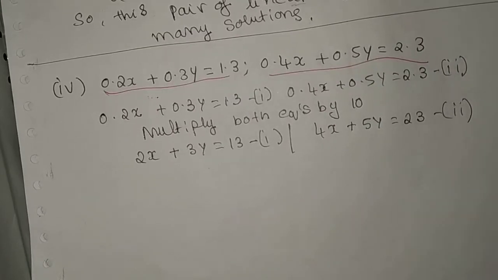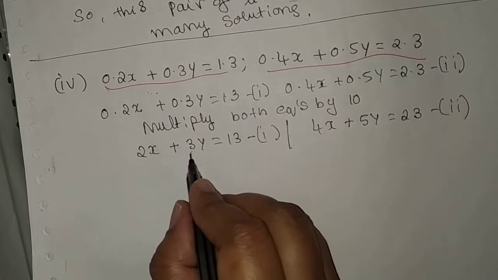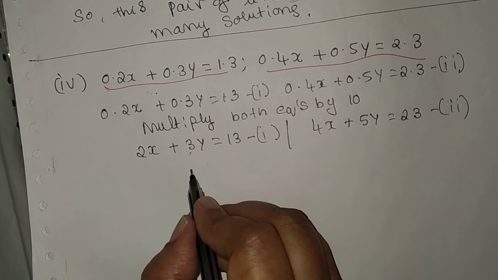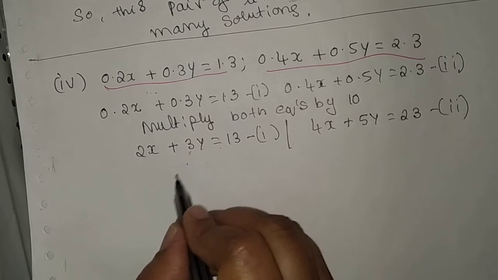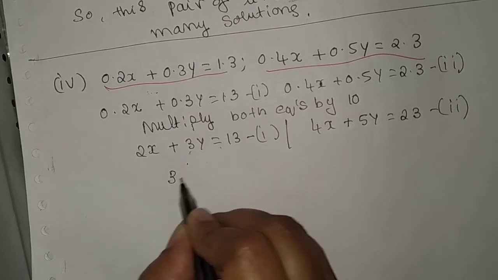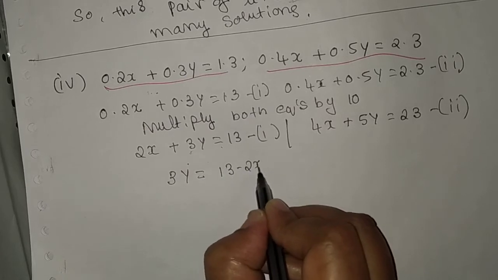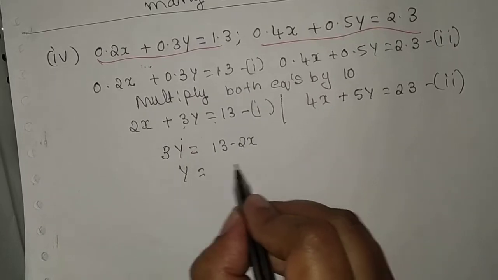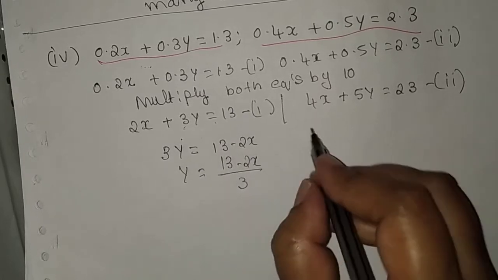So we finished converting this. Now we take the first equation and find out y. We can write this as 3y is equal to 13 minus 2x. Therefore y is equal to (13 minus 2x) by 3.